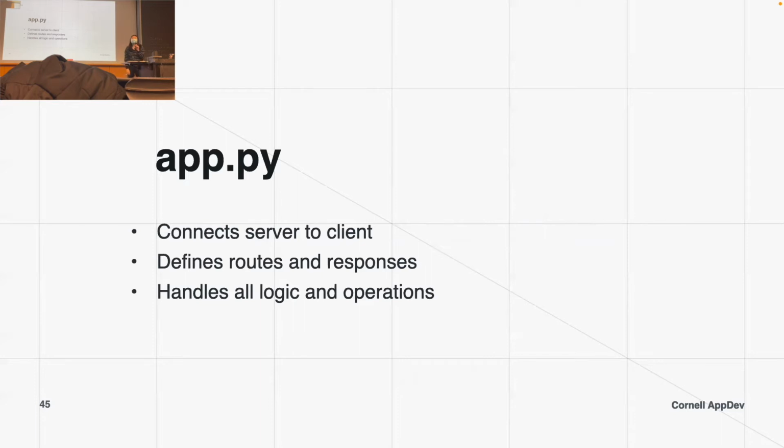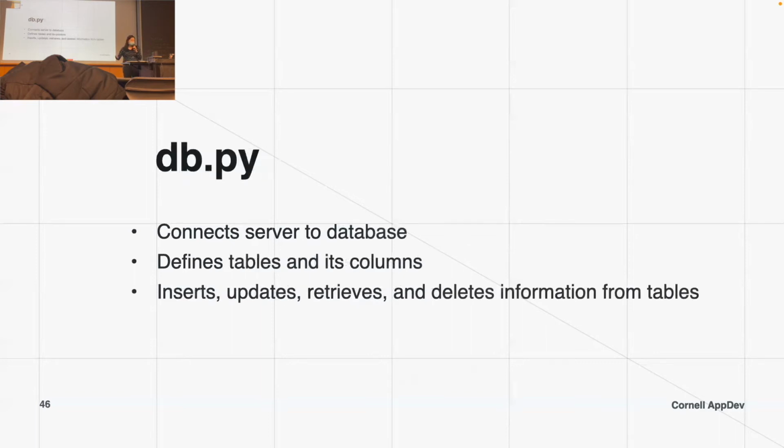For example, in PA2, you have to spend money, and app.py would be a good place to handle how much money the sender has, how much your balance would update for your sender, and how much it would update for your receiver. And your db.py is where you actually connect your server to your database. It defines your tables and columns, and this is where you insert, update, retrieve, and delete information.